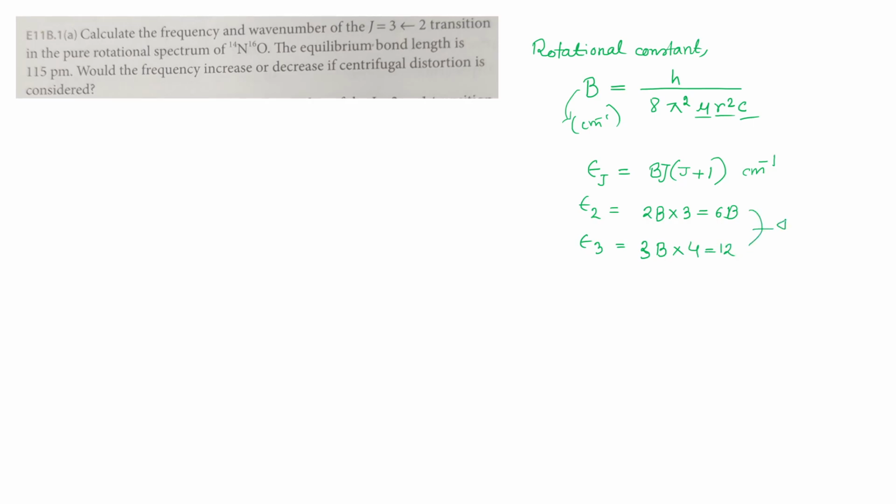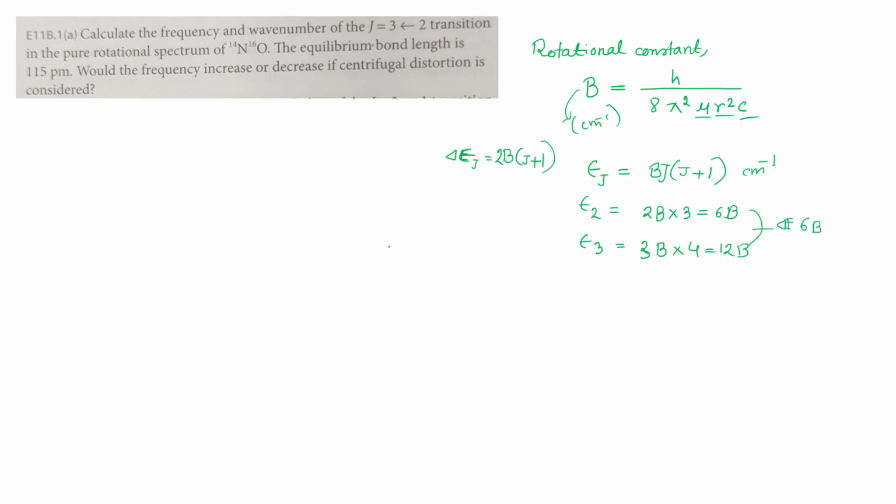Actually, the gap will be 6B, and you can also count it from this formula, 2B into J plus 1, J being the initial rotational level. It will also give you 2 plus 1, 3, 6B, right?